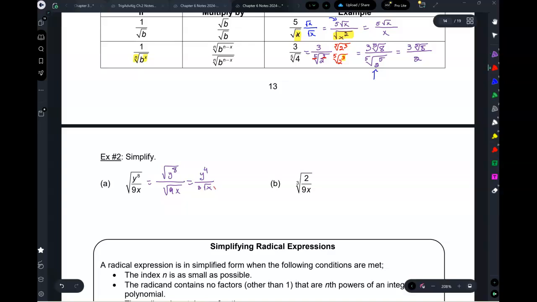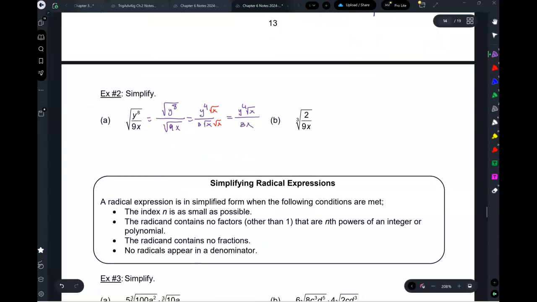Now, I need to rationalize that root x, so I multiply top and bottom by root x. So now I'm going to get y to the 4 root x over how much? That's it, 3x. Questions?